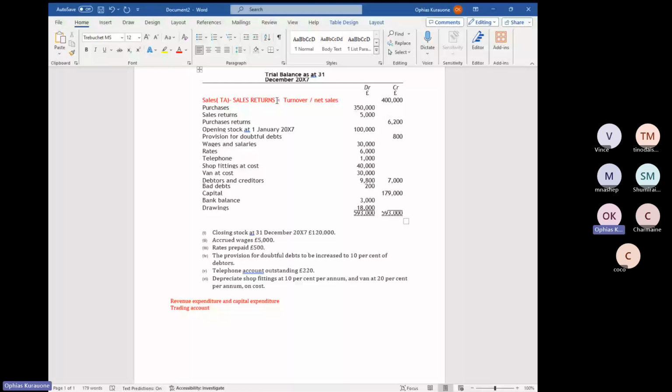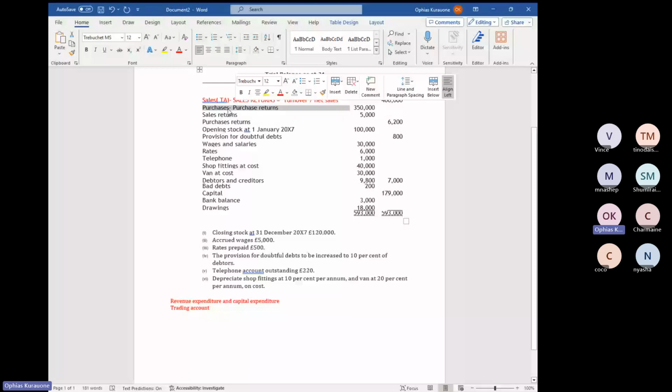Then you've got purchases. The purchases here can be reduced by purchase returns. Before we go on, it's reduced by the purchase returns.